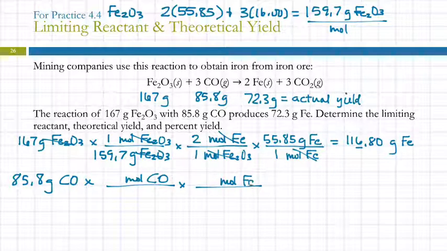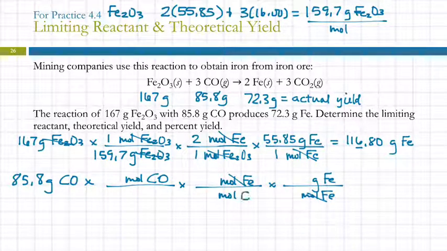We're going to go to moles of iron and grams of iron. Grams to moles to moles to grams, dimensional analysis, units go in. That tells us where to put the numbers.